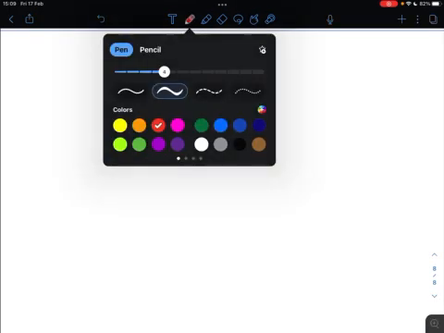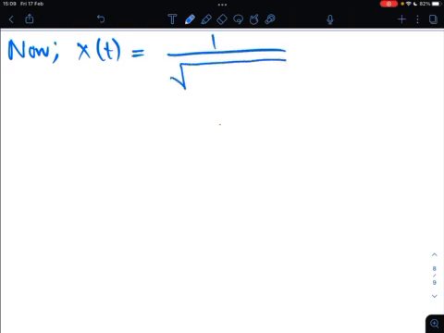So first we look at x of t. Now what is x of t? We see that x of t is defined as 1 over root of (t minus root 2)(t plus root 2). So what exactly do we spot here?